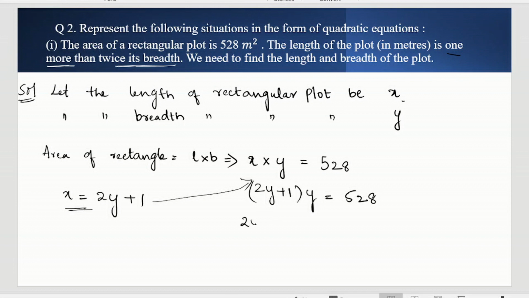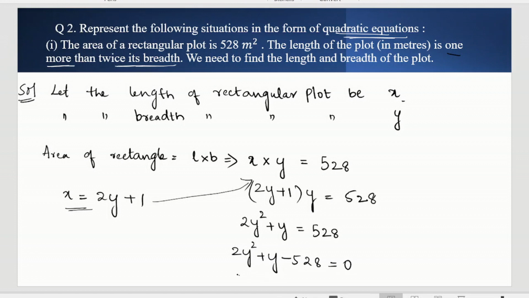That is 2y square plus y is equal to 528. See the question. We need to represent the situation in the form of a quadratic equation, right? So we will take this 528 to the LHS, which becomes 2y square plus y minus 528, and in the RHS you will have 0.